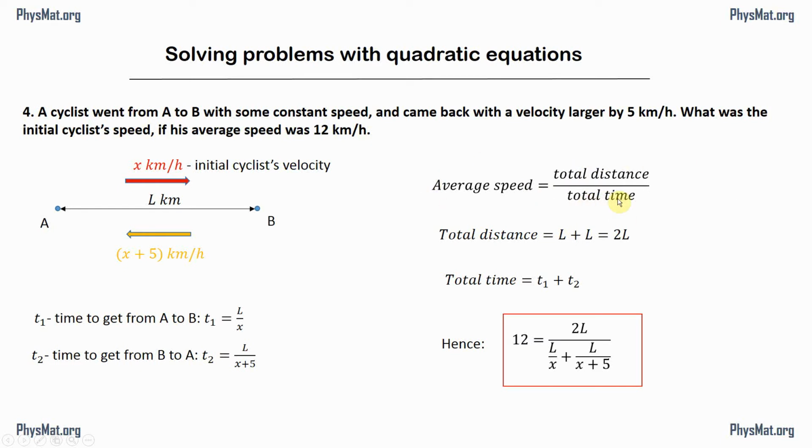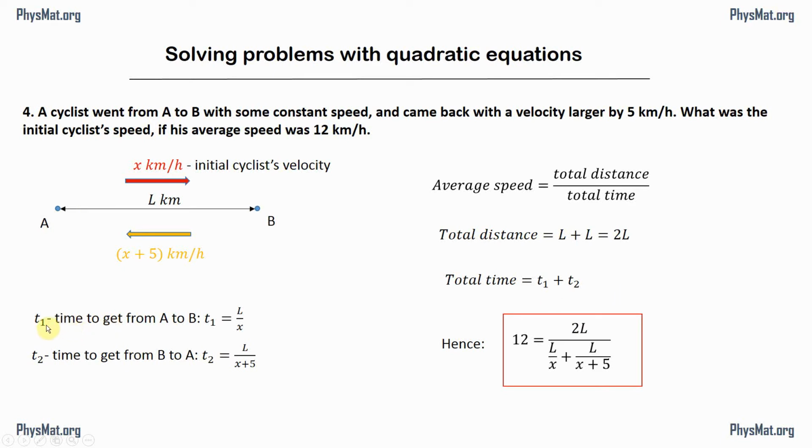In our case, the total distance is L plus L, which is 2L, and our total time is t1, which is the time needed to get from A to B with speed x, plus t2, which is the time needed to get from B to A with speed x plus 5.